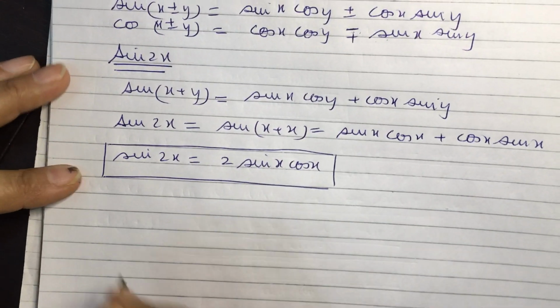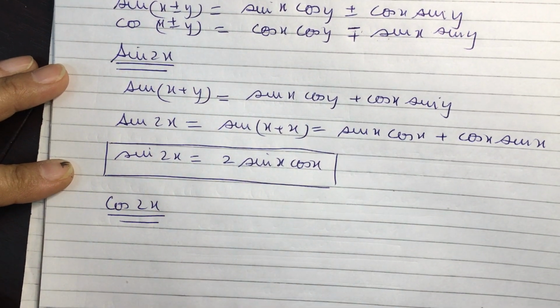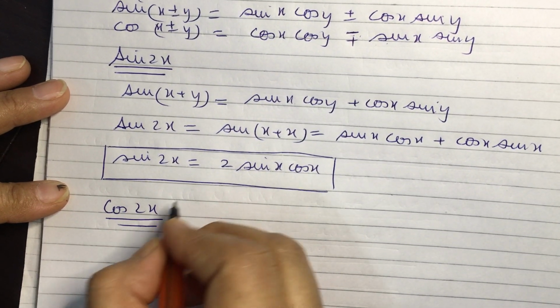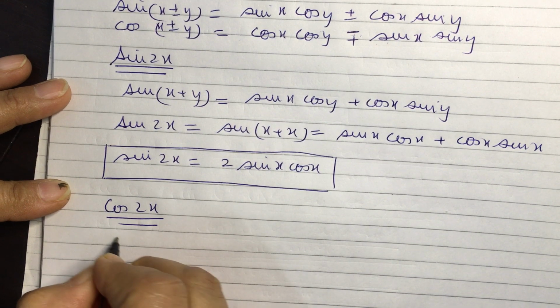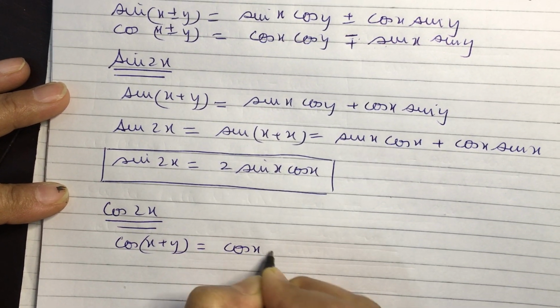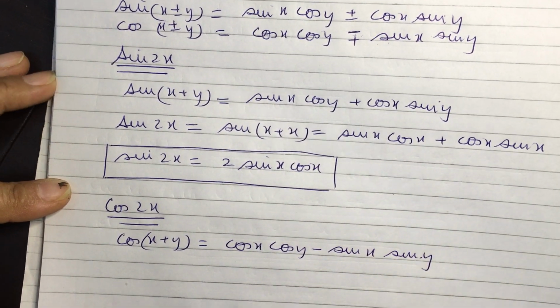Now same way we have for cos 2x. Okay, so what do we get? For cos 2x, we know the result as cos of x plus y is equal to cos x cos y minus sin x sin y.